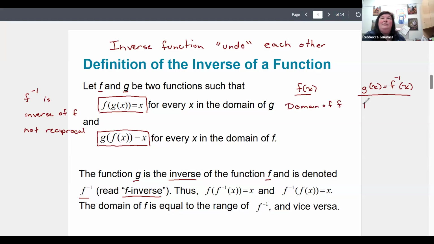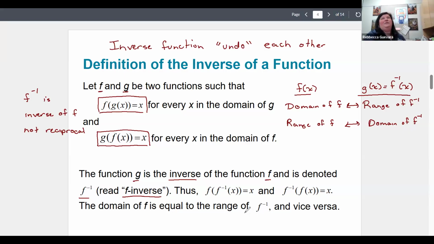So the domain of f is going to turn into the range of f inverse. The range of f becomes the domain of f inverse. So that's what this part is talking about. The domain of f is equal to the range of f inverse.